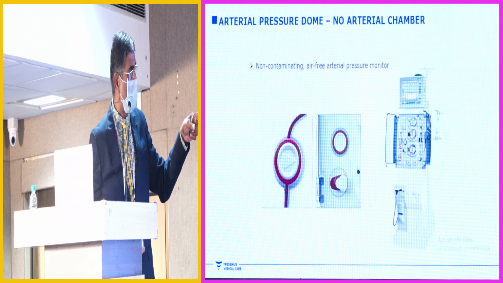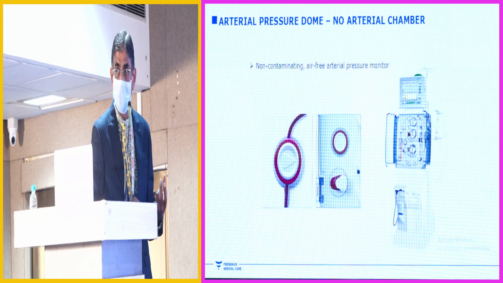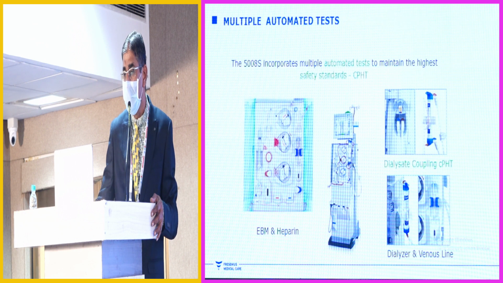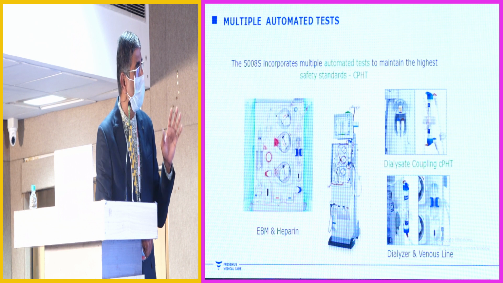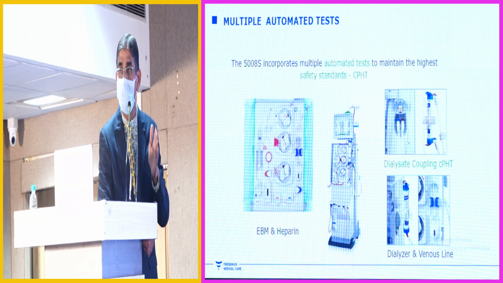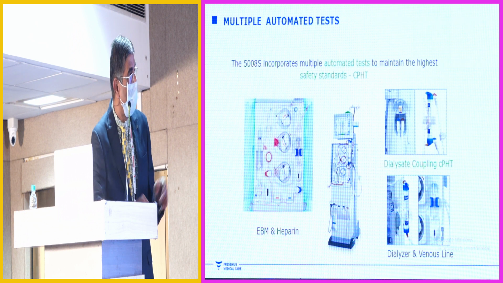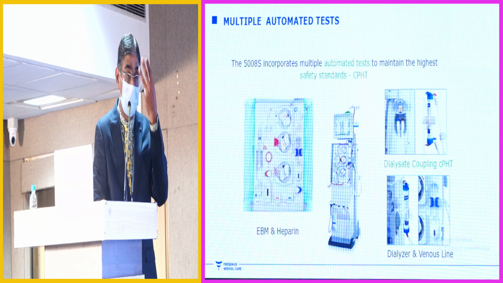And you have a trouble-free air alarm, which is because you don't have chambers, arterial chamber, it's just a protector type. You have continuous, probably every 5 balancing cycles, a cyclic pressure holding test to check whether there is a leak of the hydraulics. And below the doors you have a groove which can hold 30 ml.